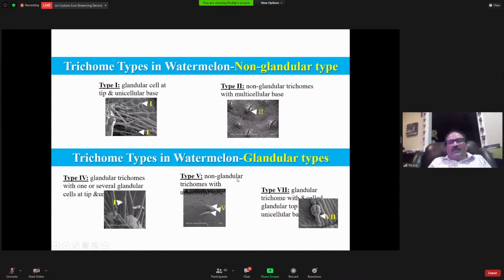And then these are the non-glandular trichomes with a unicellular base. So this is multicellular base, this is unicellular base. Broadly, you can say the ones with glands and some without the glands. All these are very important structures for the plant.